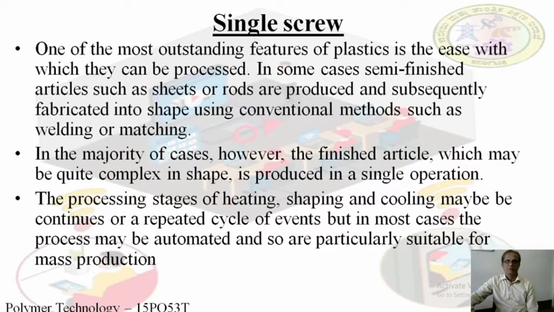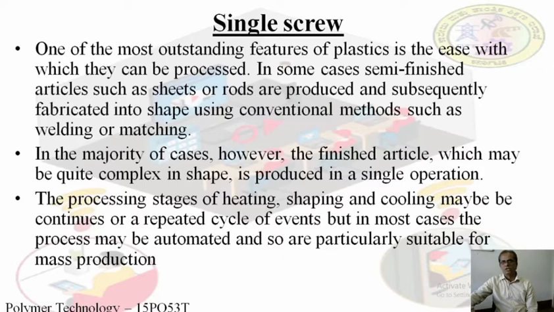So one of the most outstanding features of plastics is the ease with which they can be processed. In some cases, semi-finished articles such as sheets, rods are produced and subsequently fabricated into the desired shape using conventional methods such as welding, machining, etc. In the majority of cases, however, the finished articles, which may be quite complex in shape, are produced in a single operation.